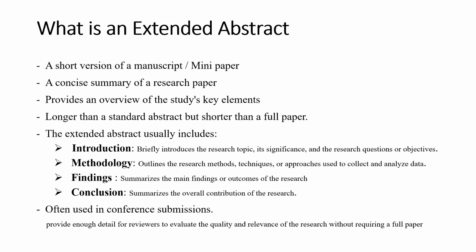Right. Then, what is an extended abstract and how is it different from an article? The main difference between an extended abstract and an article is that in an article, we include a literature review section. However, in the extended abstract, we don't write any literature review section.